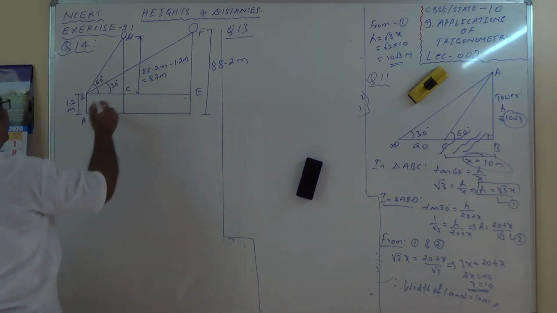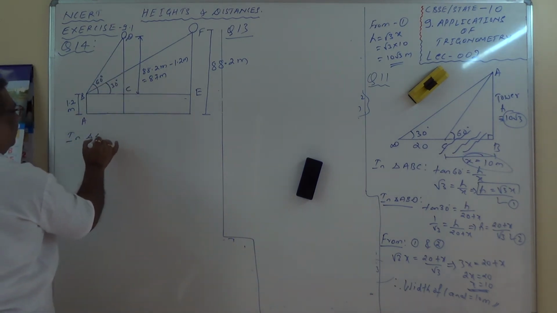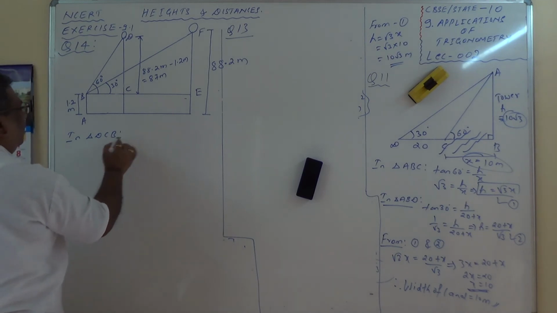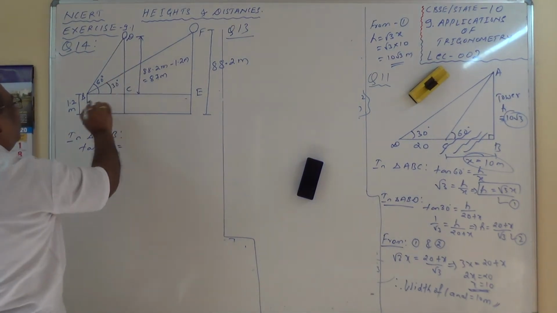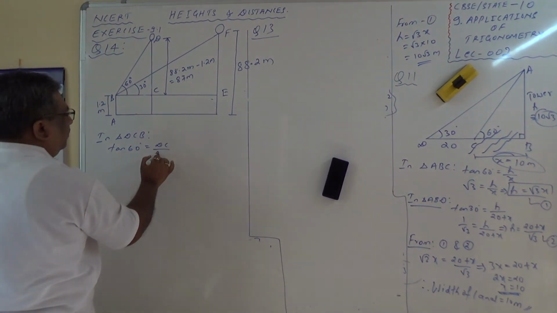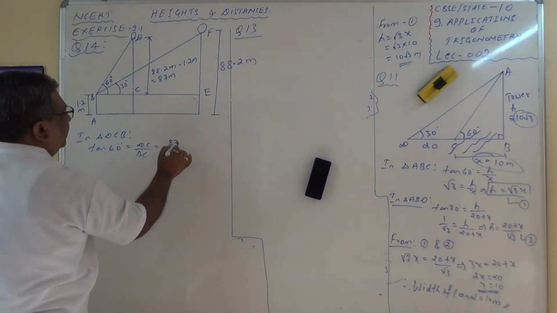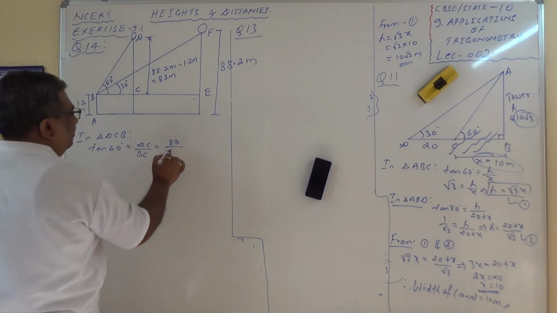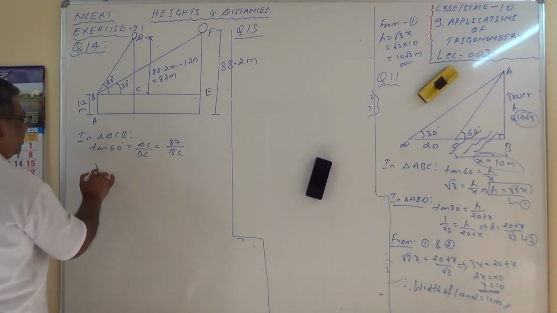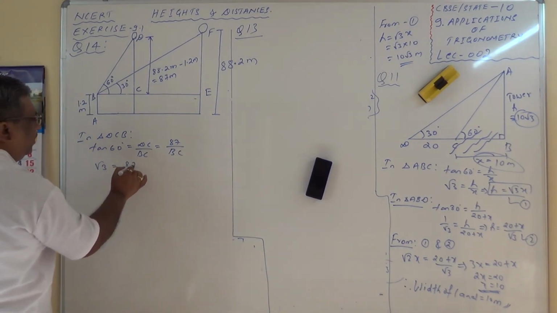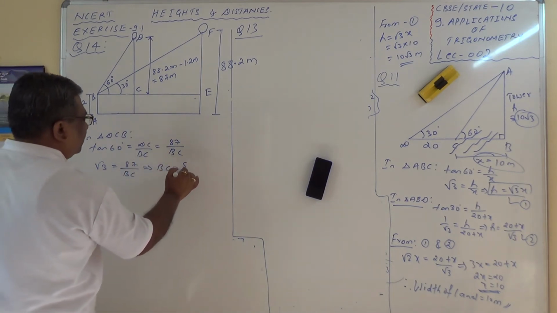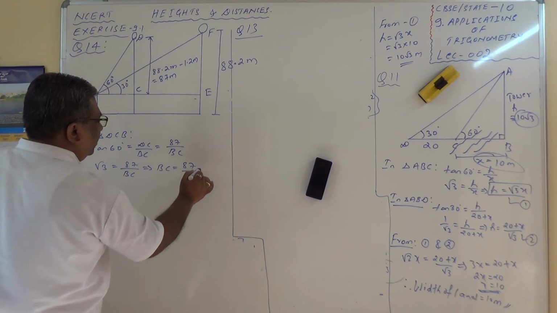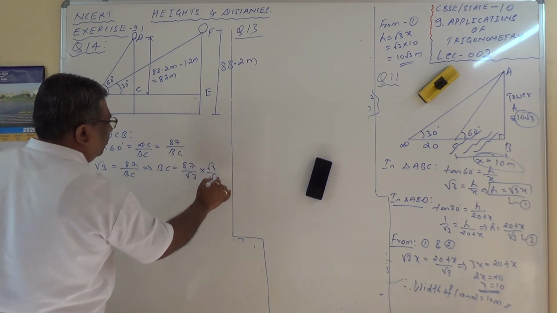In triangle DCB, tan 60 degrees is equal to DC by BC. DC is 87 meter divided by BC. What is tan 60? Root 3 equals 87 by BC, implies BC equals 87 by root 3, into root 3 by root 3.